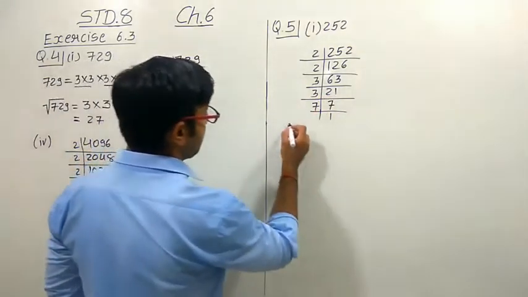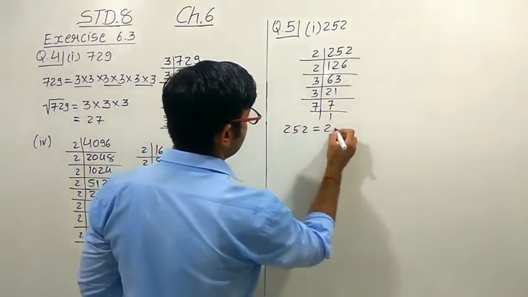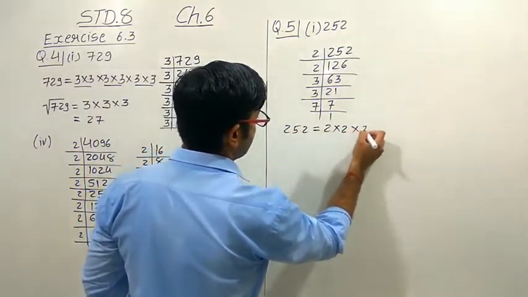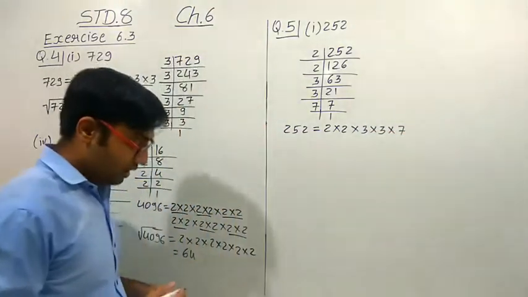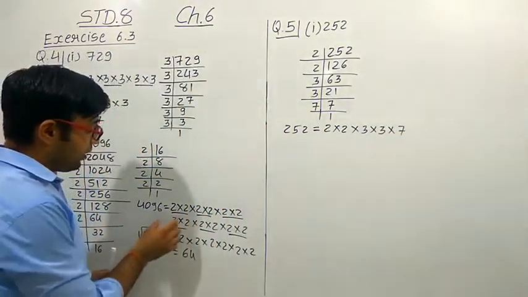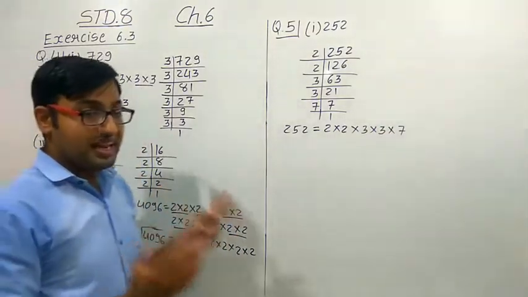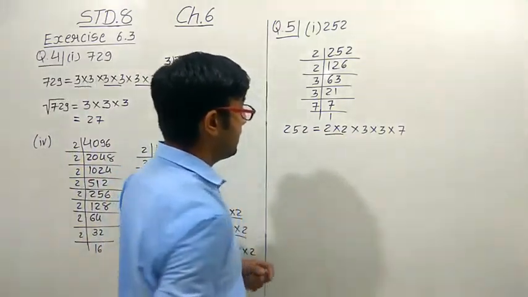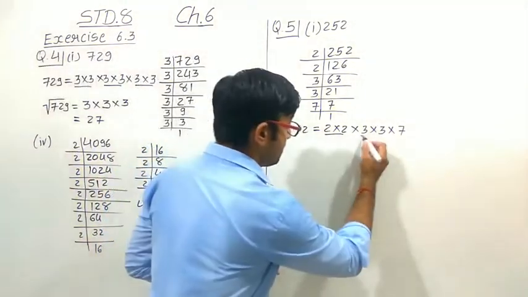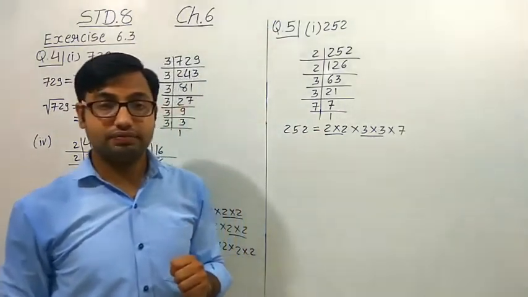So we get the prime factors of 252 equal to 2 multiplied by 2, 3 multiplied by 3 into 7. So see, when we have to find out the square root, we make pairs of the same factors. When we make the pair of the same factors here, we get 2 two times, 3 two times, but 7 is one time only.